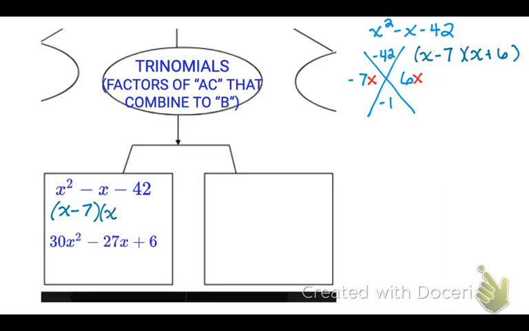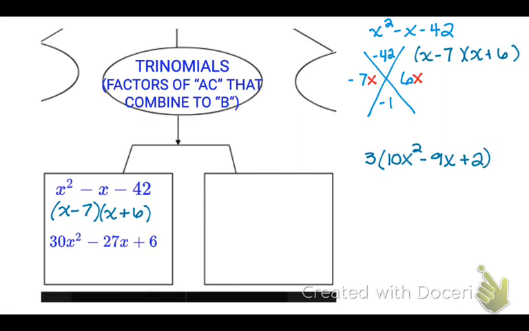On that second example, we've got to look for a GCF first. So 30x squared, 27x, and 6. The reason I know I have a GCF is because all three of those numbers are divisible by 3. So just looking at that, I know that I'm going to have to factor out a 3, which would leave me with 10x squared minus 9x plus 2.